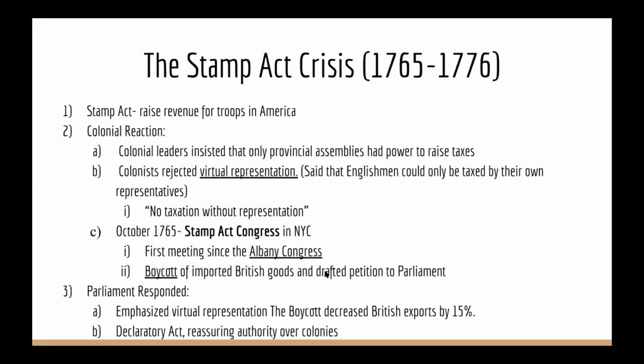But obviously this was not enforced by the colonists, and it was really hard to enforce because no one was physically there. It was really hard to check up on colonies that were miles away.